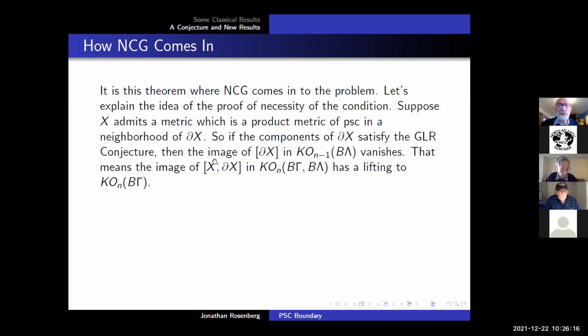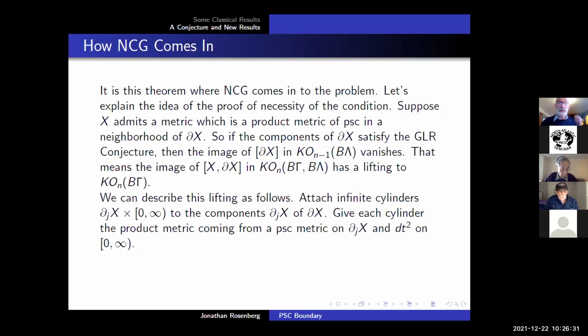So the image of the fundamental class of X in KO_n of B gamma, B lambda has a lifting to KO_n of B gamma by the long exact sequence. Now, what is that lifting? We can describe it in very explicit index theoretic terms as follows. So you attach infinite cylinders to each component of the boundary.